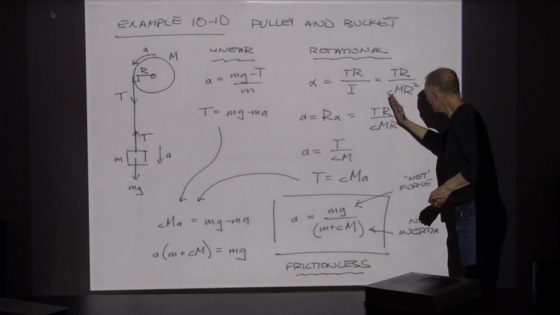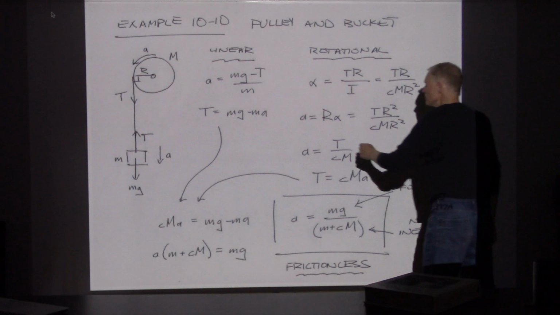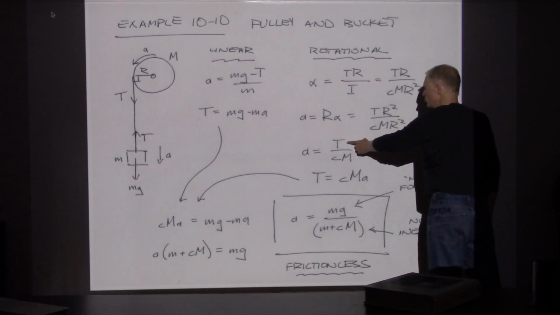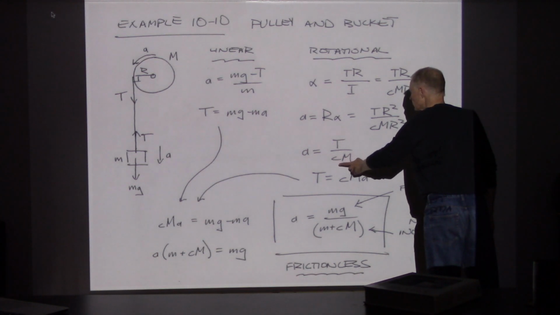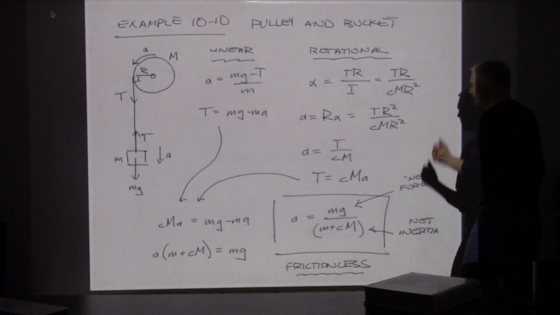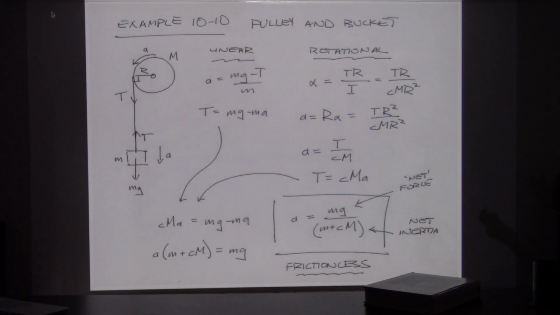So both factors of R are going to cancel out. And that leaves me with linear acceleration equal to tension over shape factor times m. If I solve for tension here, it's shape factor times the mass of the pulley times a. The masses are not the same here. I got two different masses going on.